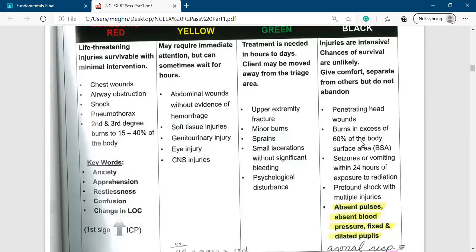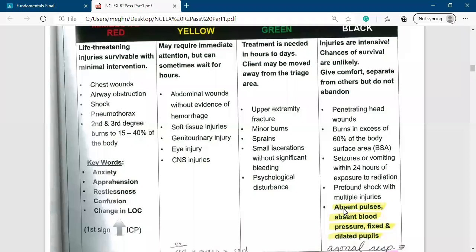If the percentage of burn is more than 60%, the patient is very hard to survive, or seizure or vomiting within 24 hours of exposure to radiation, or profound shock with multiple injuries, absent pulses, absent blood pressure, fixed and dilated pupil.